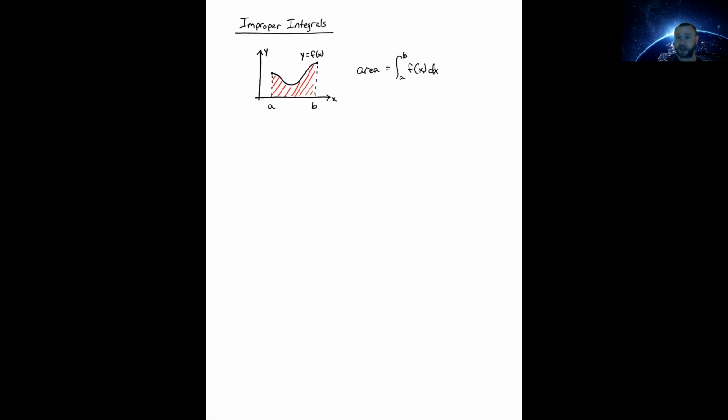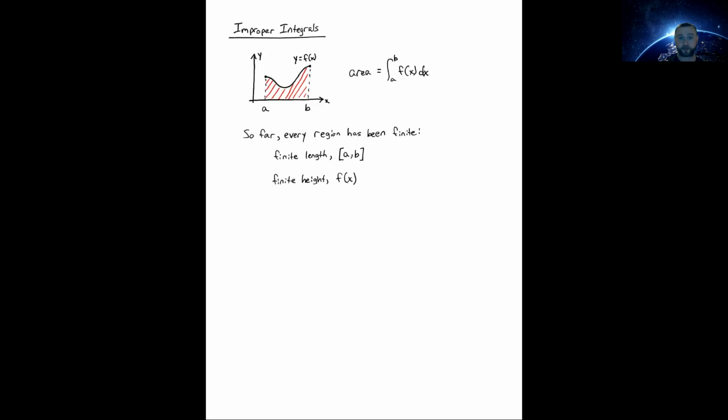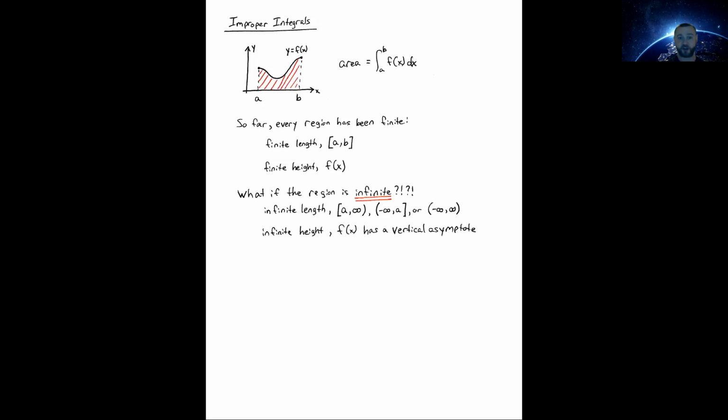It has been what we'll say is finite. In other words, it's finitely long and finitely tall. The length, the interval, is finite, a to b, and then the height, represented by the function values, was finite as well.